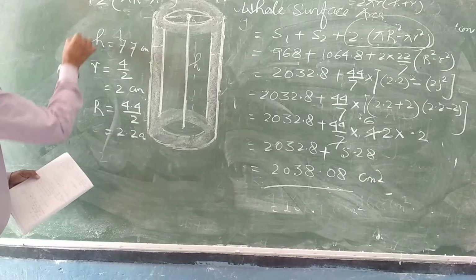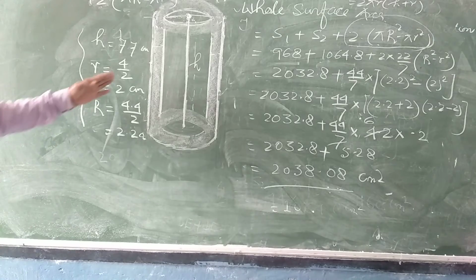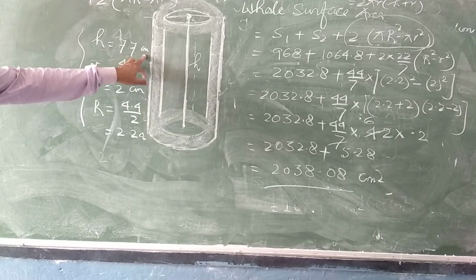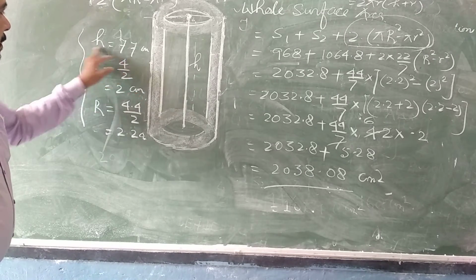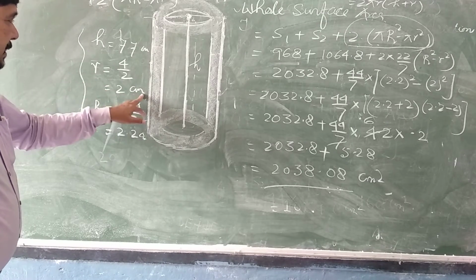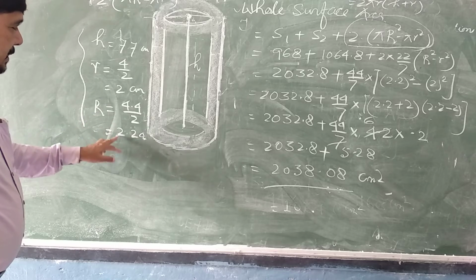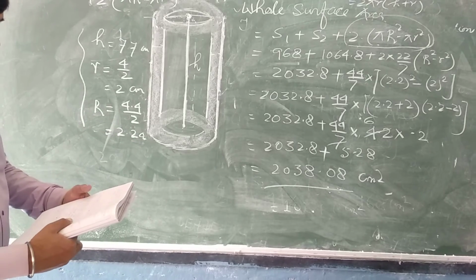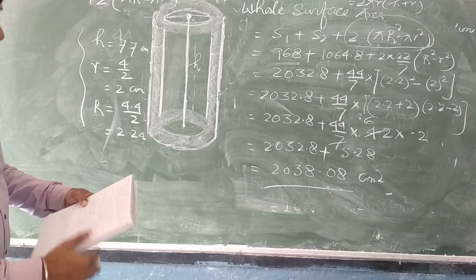Okay, now we have the information from the question: height of the cylinder 77 centimeter, inner radius 2 centimeter, and outer radius 2.2 centimeter. Now we find the inner curved surface area.